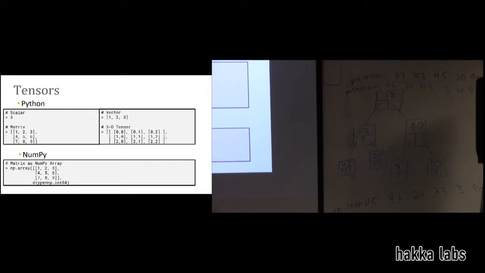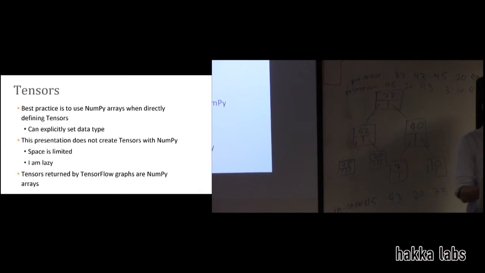If you use NumPy, you can do exactly that, and you won't have to deal with weird type mismatch errors as you move along. So that's piece of advice number 1: please use NumPy arrays. I'm not doing it here because I'm lazy this time, and space is limited.